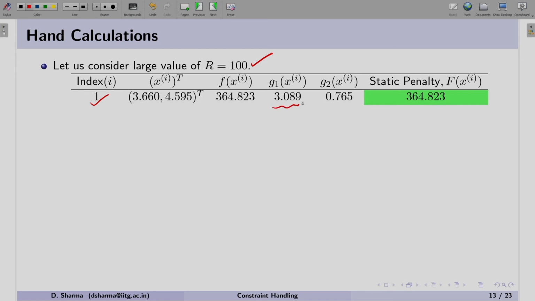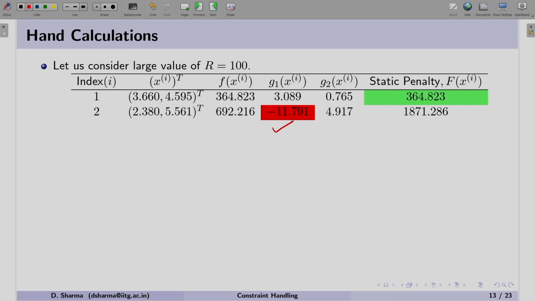Since G1 and G2 are satisfied, we know that it is going to be feasible, and that is why the static penalty function value is the same as the objective function value. Now, coming to solution number 2. Solution 2 is infeasible, as we can see G1 is not satisfied.